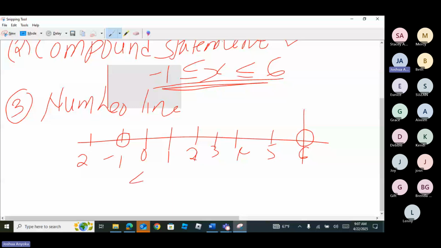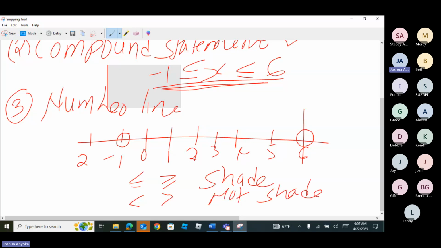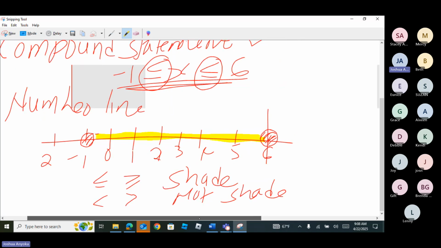If it is less than or equals to, greater than or equals to, we shade the circle. If it is less than, greater than, we do not shade. So our inequality is less than or equals to, so we shade this one. Our inequality is less than or equals to, we also shade this. And then we draw a bold line between the 2 boundaries. So we have represented this one on a number line.